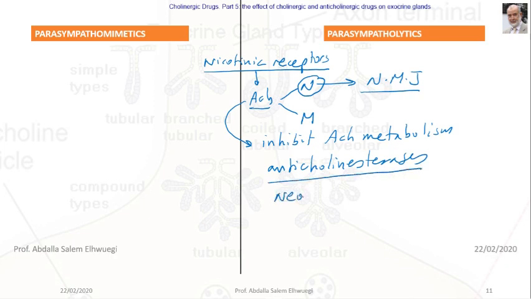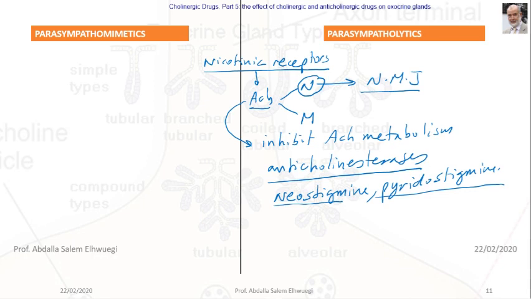Which are neostigmine, which we talked about in the previous presentation, and pyridostigmine. Okay? These, we said, are peripherally acting, they are quaternary amines, they have peripheral effect, they have no central effect.